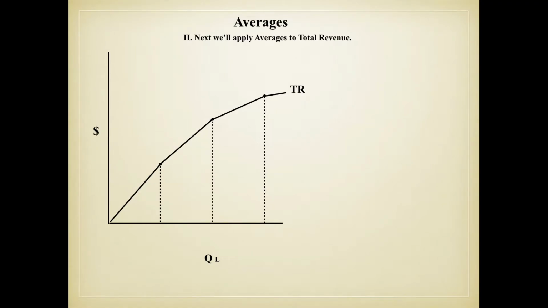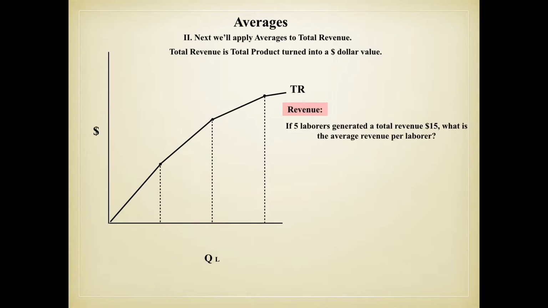Next, we'll apply averages to total revenue. Total revenue is total product turned into a dollar value. If 5 laborers generated a total revenue of $15, what is the average revenue per laborer? 15 divided by 5 equals $3.